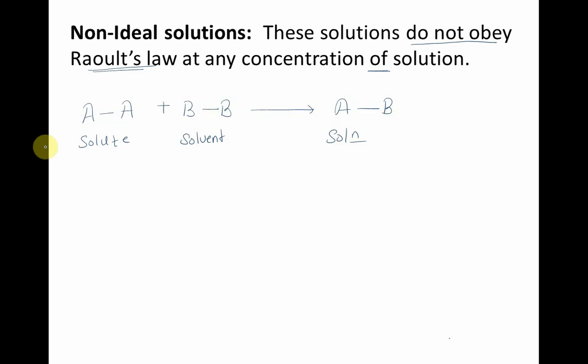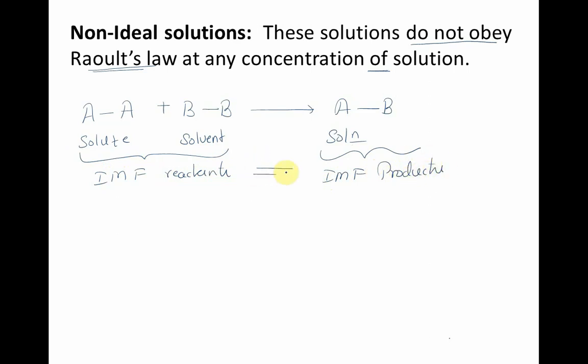I'm going to check the intermolecular forces of attraction in the reactants, as well as the intermolecular forces in the products. Both are not the same. In a non-ideal solution, the intermolecular forces of attraction of reactants and products are not the same.